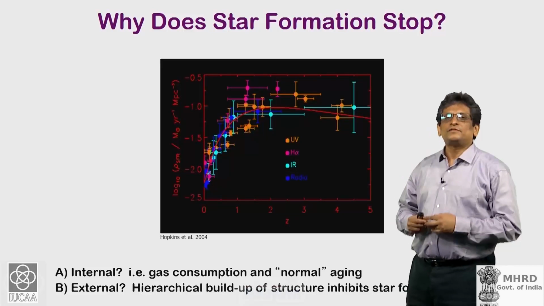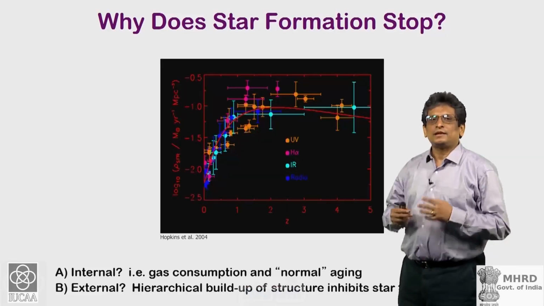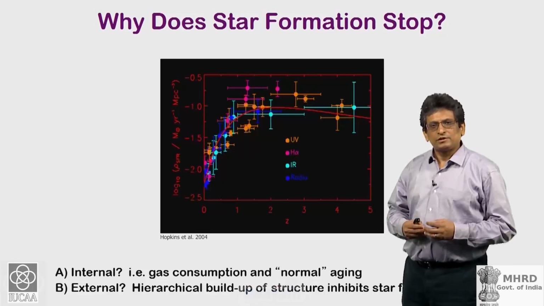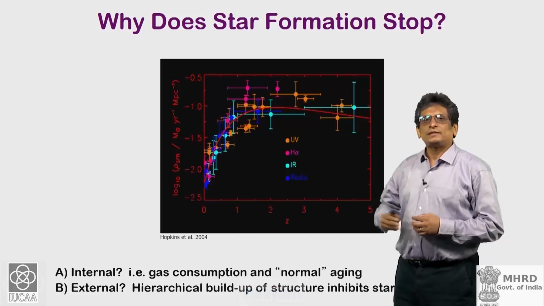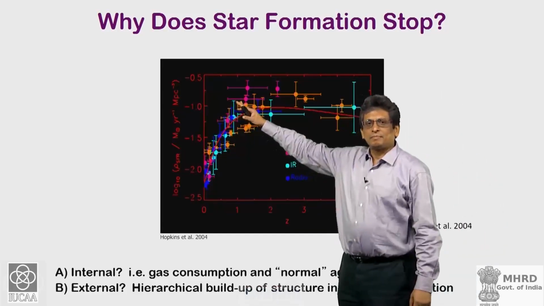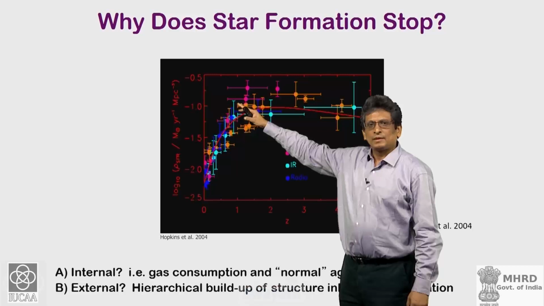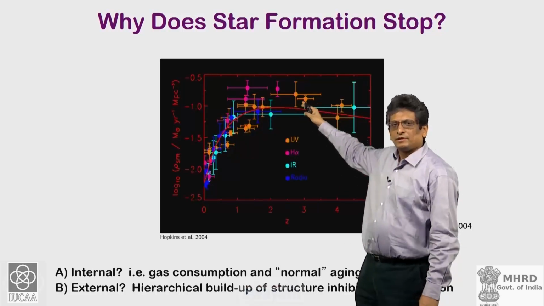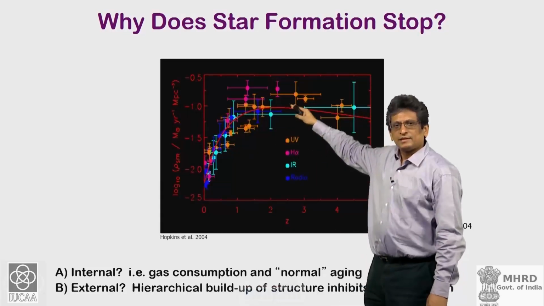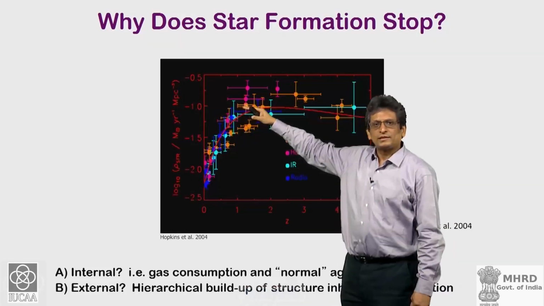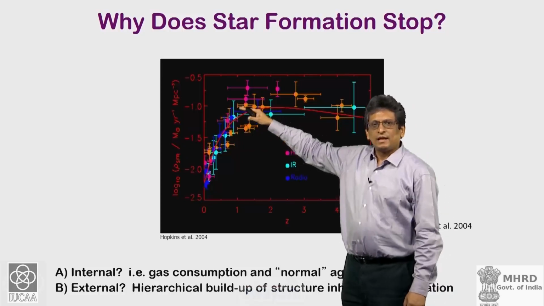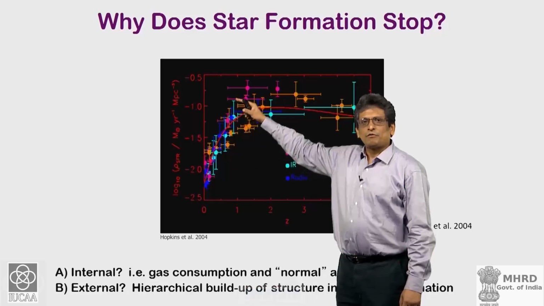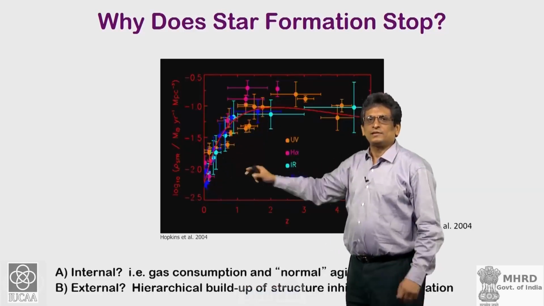If we look at high redshift galaxies and compare their star formation with galaxies at very low redshift, we find that star formation peaks at about a redshift of 2. At redshifts higher than 2, there is quite a lot of star formation going on in galaxies. This is the star formation rate on the y-axis, redshift on the x-axis. And then nearer the present time at redshift of 0, star formation steadily declines.